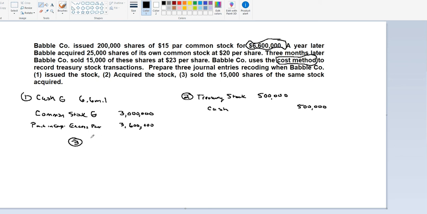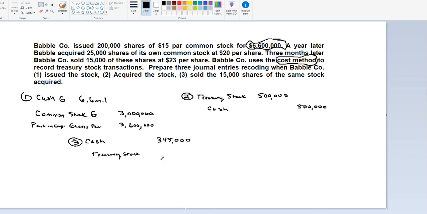Well, we know right off the bat, because we sold it, we got cash proceeds. So the cash that we got was 15,000 times $23 a share. That's going to give me $345,000. Then we have to credit our treasury stock, because that's what we resold.